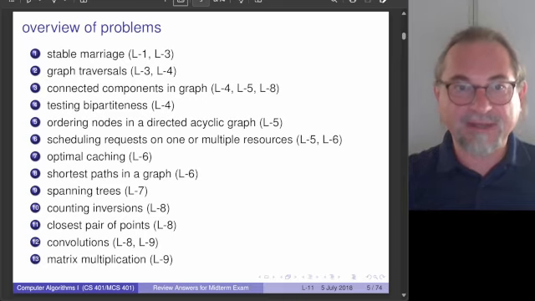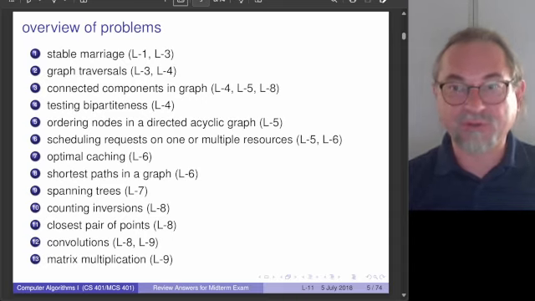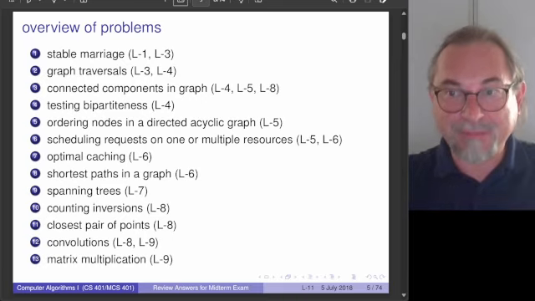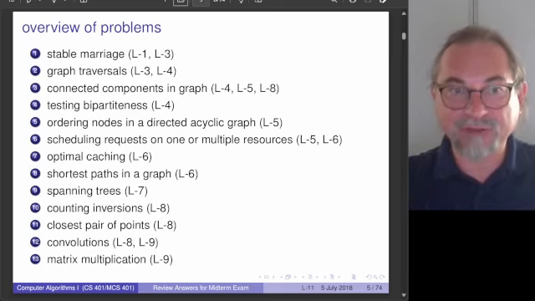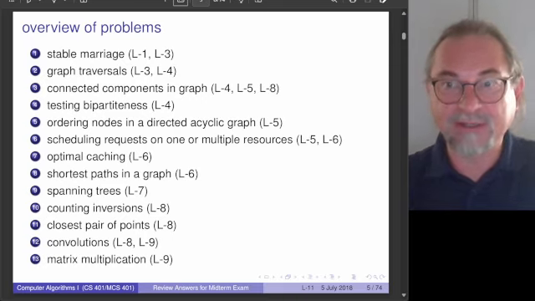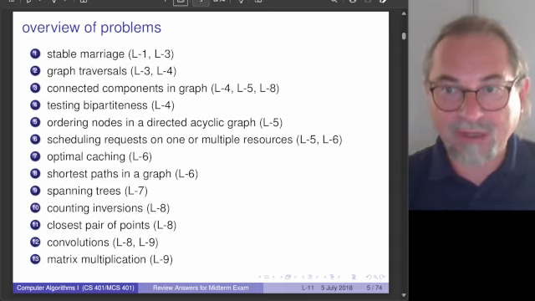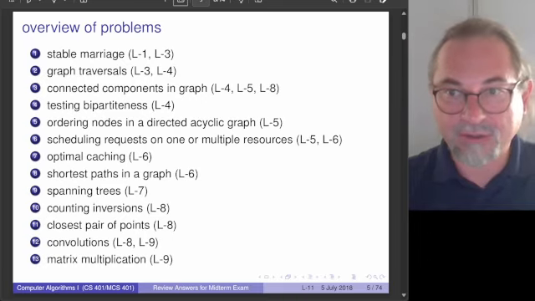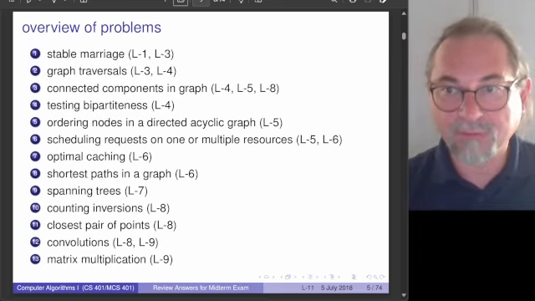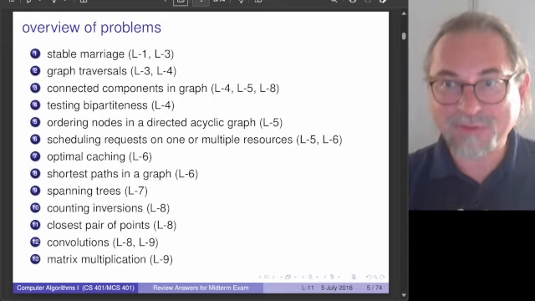We looked at, for example, connected components in graphs, which can be solved by graph traversals. We looked at the implementations and the applications of this connectivity, and we used it then again in a later lecture. So on the exam, you will be asked to solve a particular problem on a small example.